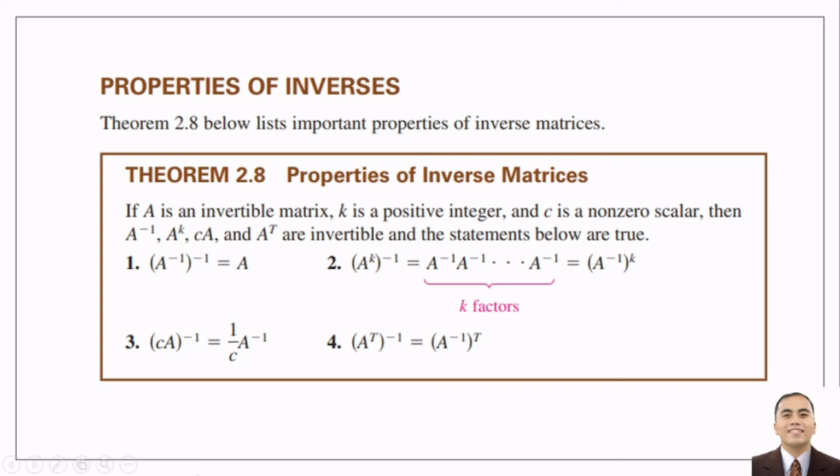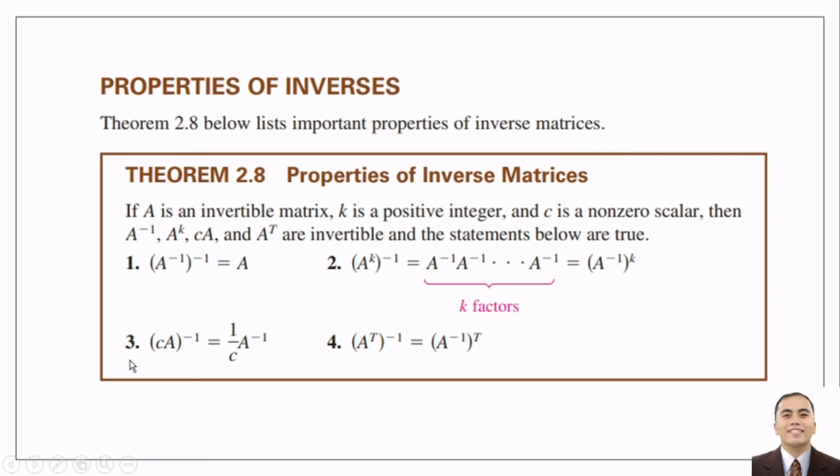Number 1, the inverse of the inverse of A is equal to A. Number 2, the inverse of A raised to K is equal to A raised to negative 1 multiplied K times as the factors.